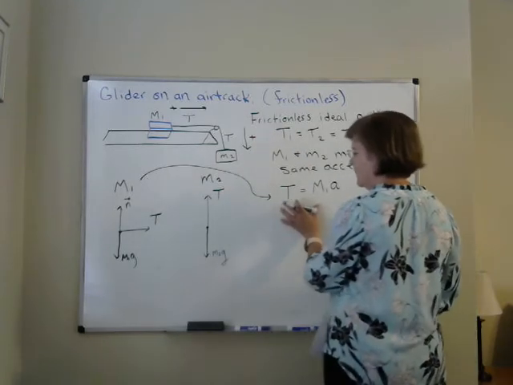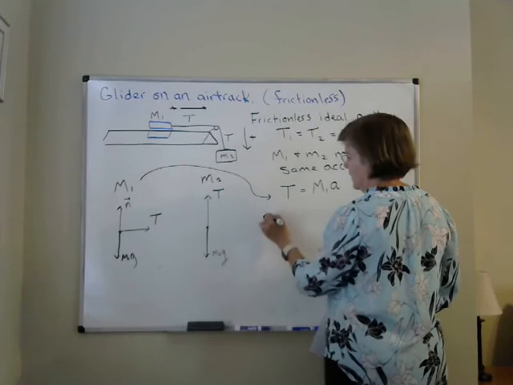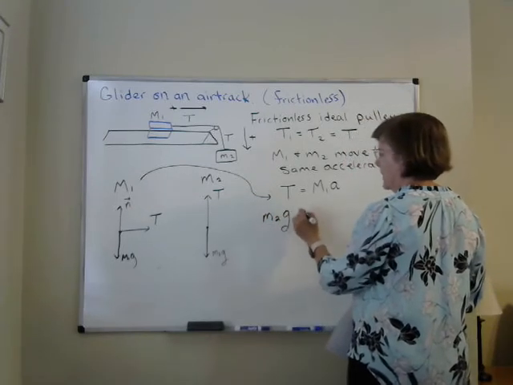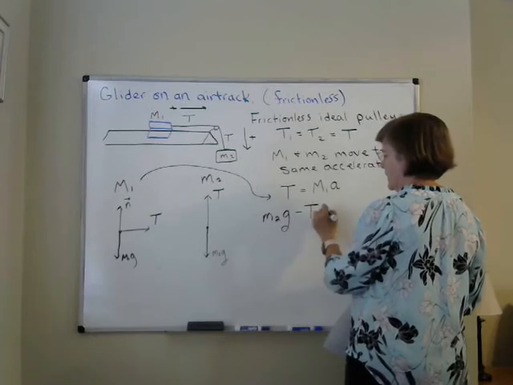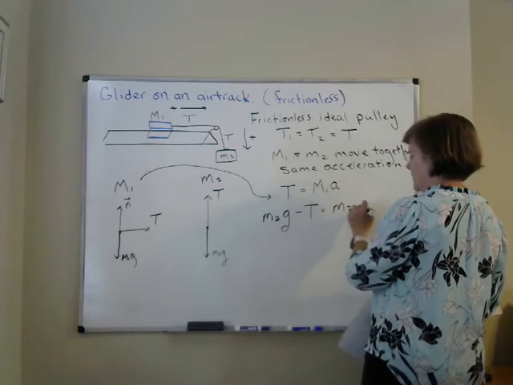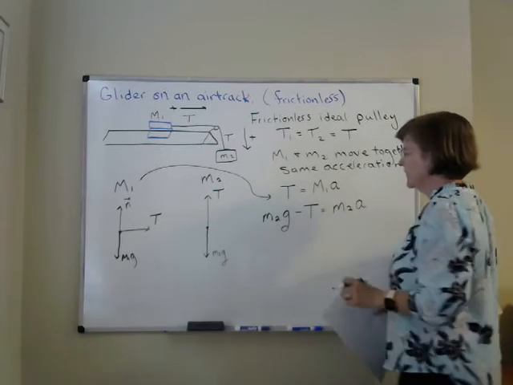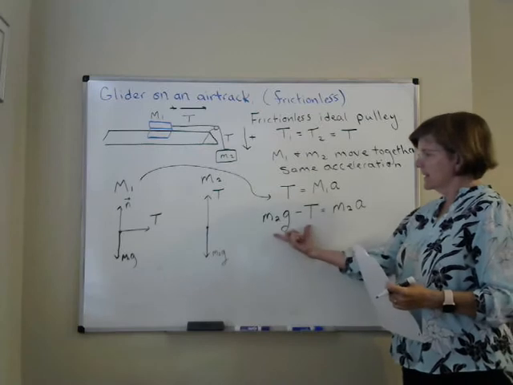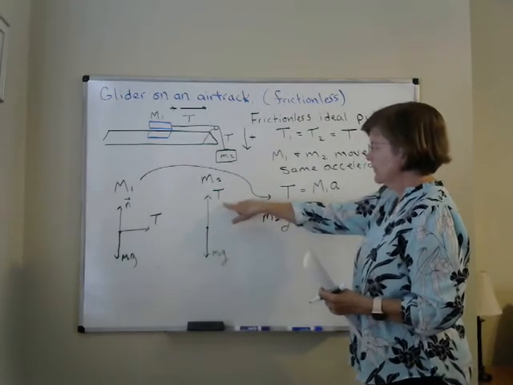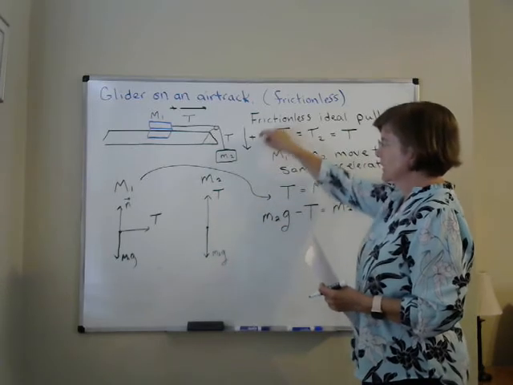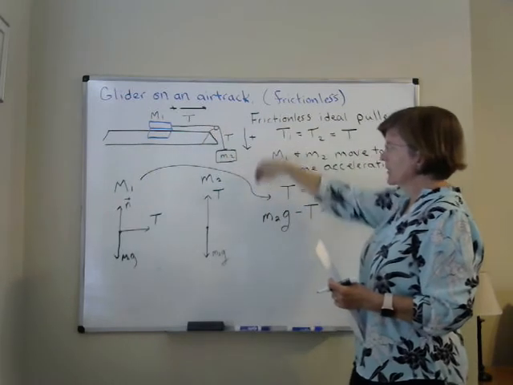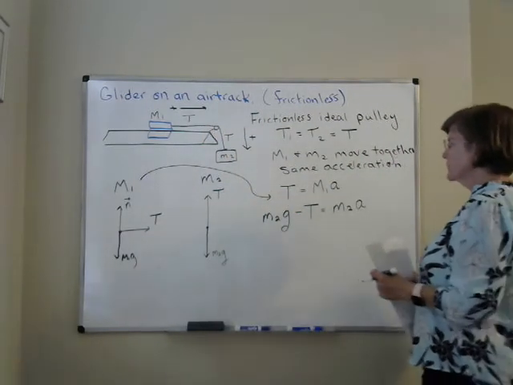So the net force here will be M2G minus T, and that equals M2 times the acceleration. This is the net force, the downward force minus the upward force. This is the positive one because we said if we're going to treat going to the right as positive, we have to treat going down as positive.